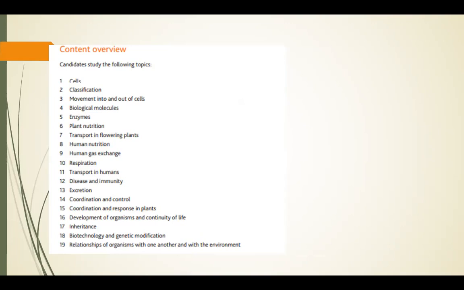So these are the chapters you will be covering, along with the latest techniques like inheritance, biotechnology, and then we will be looking into the relationship of organisms with one another. That means the ecological systems, and how well this system applies in our life, and how important it is to keep the ecological system healthy. So this is all the content you will be looking into, and you will be studying, and you will be practicing throughout.